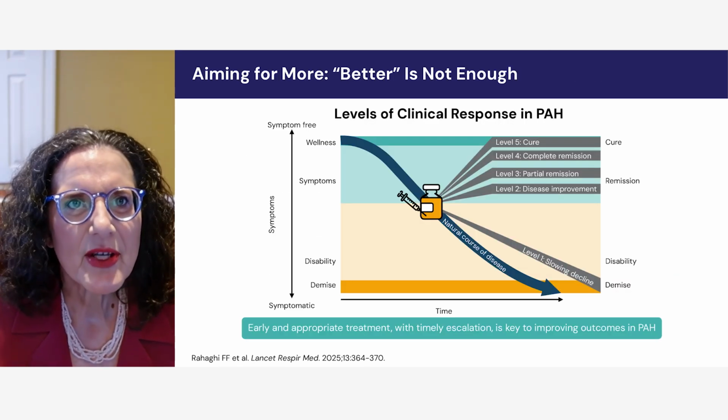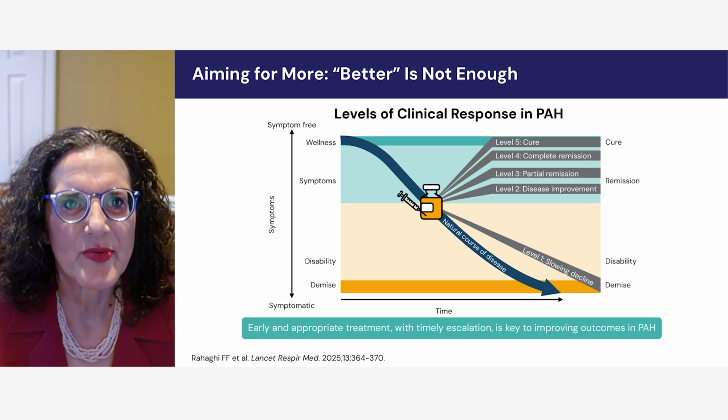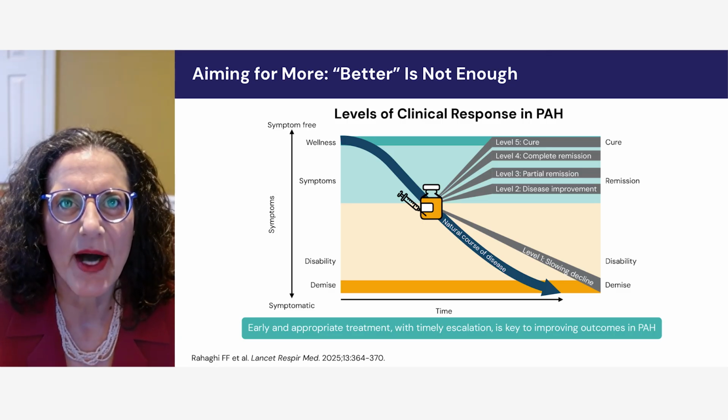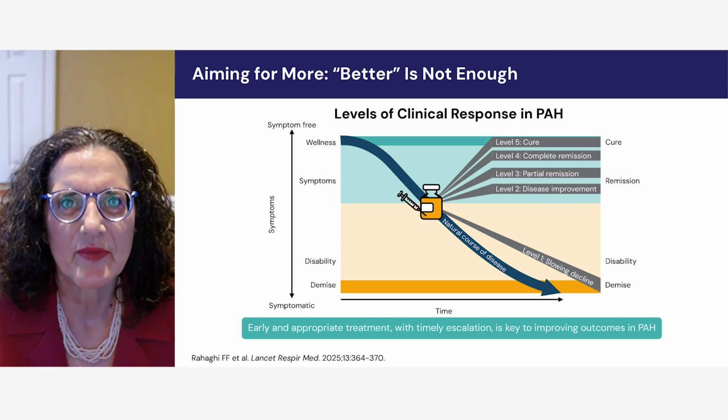We have certainly come a long way in treating our patients with pulmonary arterial hypertension. We have many treatment options now, and we really need to think about the clinical response that patients have and what our goals should be. Early on, we just wanted to slow the progression of the disease and keep them from getting worse.